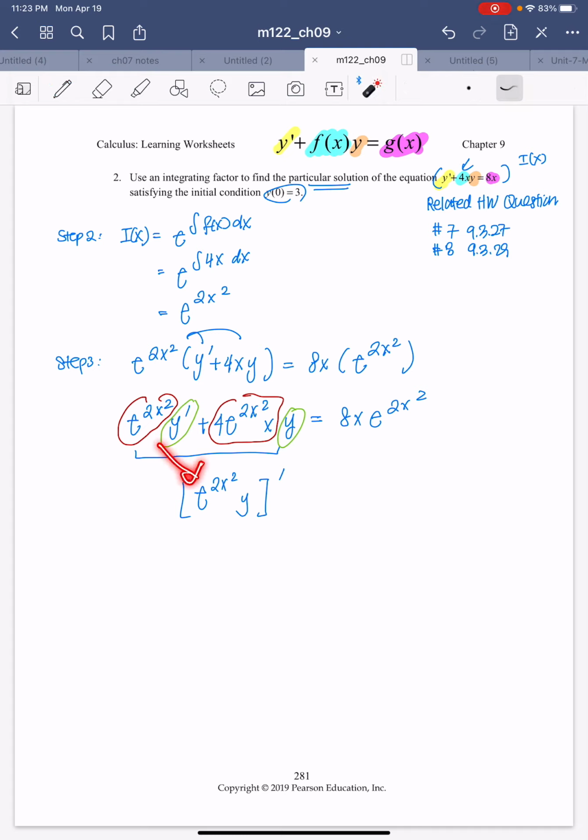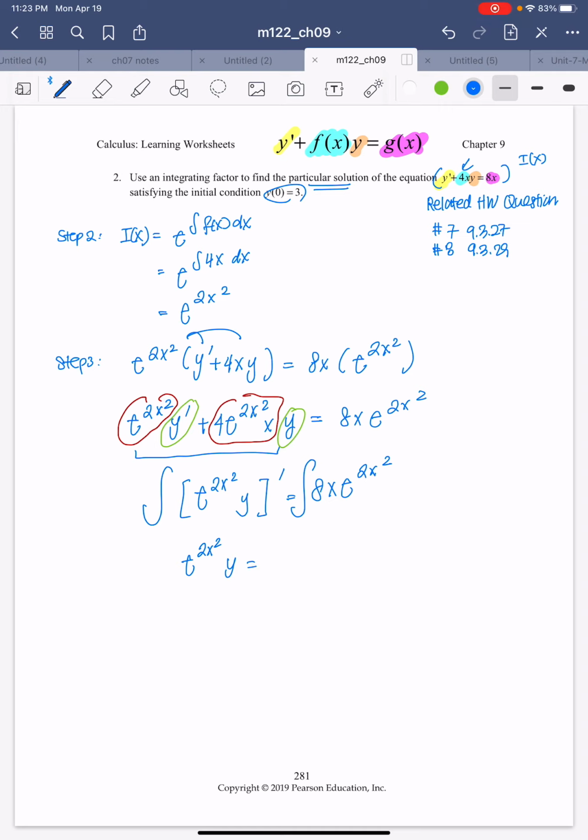This is the first term, and the derivative of this by the chain rule, you get 4 e to the 2x squared, and then the y term is attached. On the right hand side still remains the same, 8x e raised to the 2x squared. Let's take the antiderivative of each side. Then you have e raised to the 2x squared y.